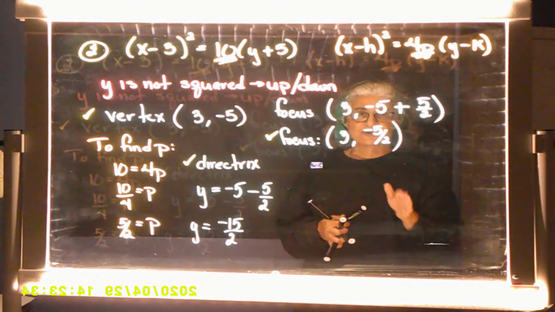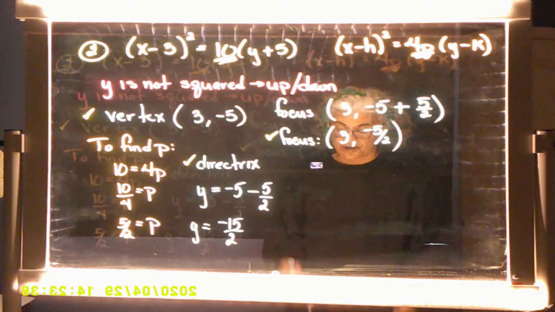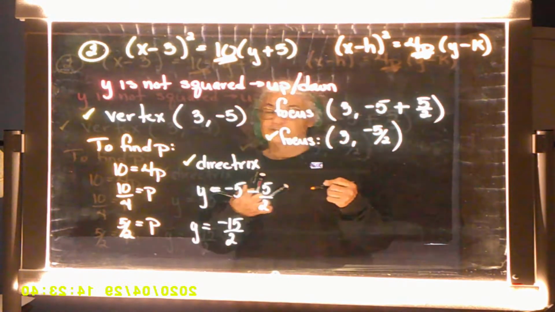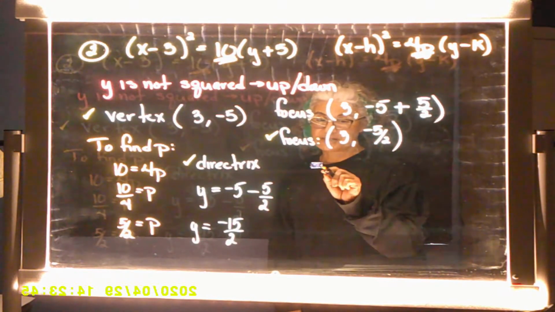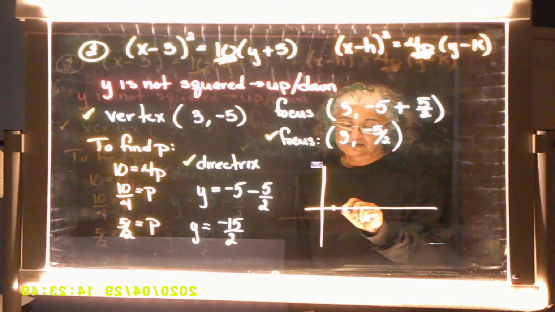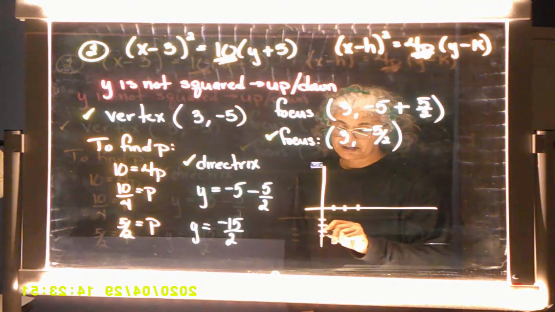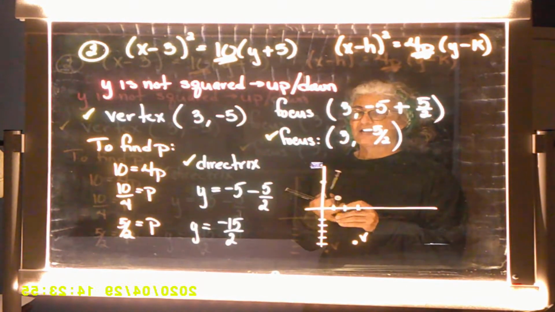Let's see what the graph of this looks like. Let's see if it makes any sense to us whatsoever. All right, so I am going to get my graph going here. And I have got the point 3 and negative 5. So vertex right there.